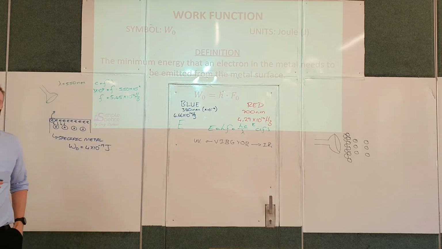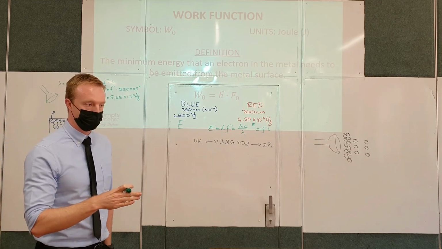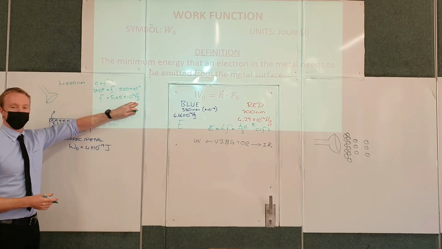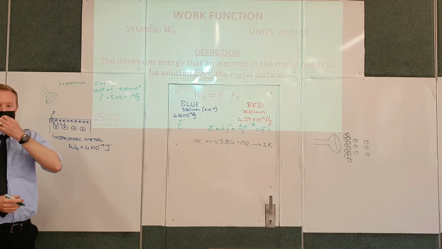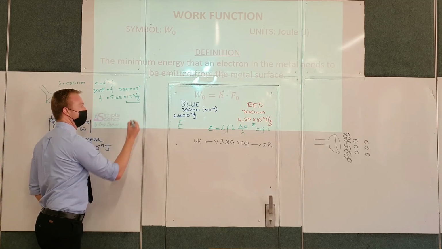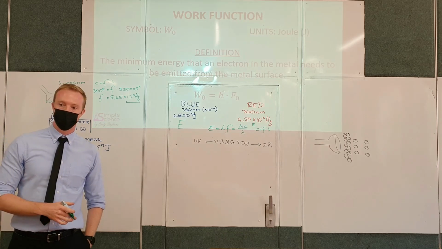Important at this point, you should start to get to know these values in the sense that in this photoelectric effect section, we typically speak about frequencies in the range of 10 to the 14 hertz.